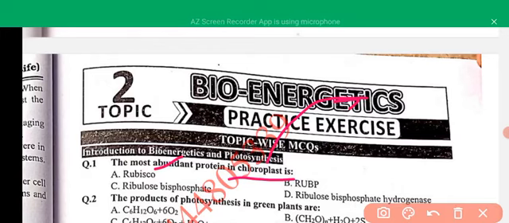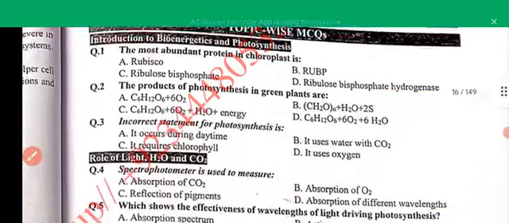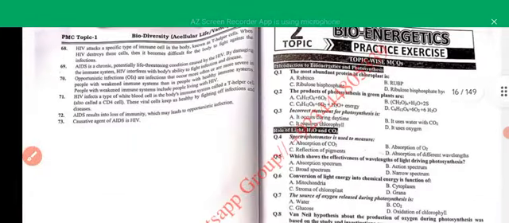It is an enzyme that catalyzes the reaction of ribulose bisphosphate with carbon dioxide during the Calvin cycle. So the best answer is rubisco, the most abundant protein on Earth, and here is its answer first.